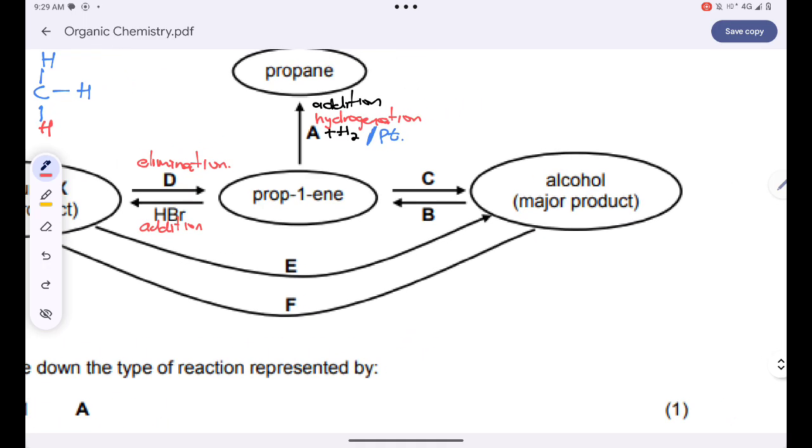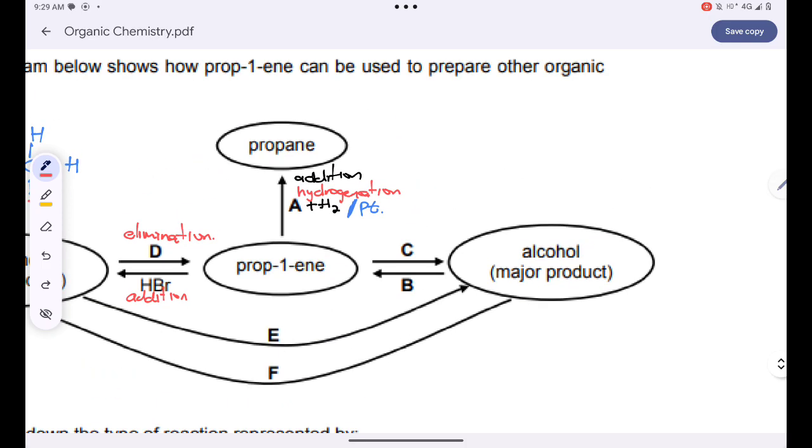If you want to move from propene to an alcohol, remember the major product, the propyne was like this, with hydrogens all around. For us to form alcohol, we need an excess amount of water. Whenever we add that excess water, this bond will separate and create bonds there.